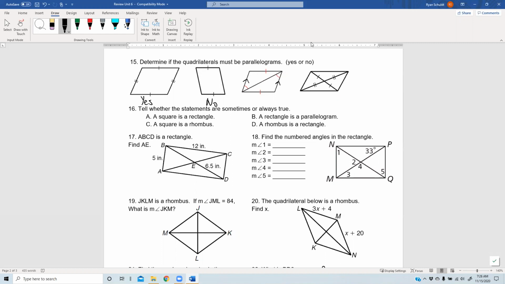No, this is not. I have to have one pair that's both parallel and congruent. And then the last one, does it have to be a parallelogram? Yes, it does. Diagonals bisect, so yes.